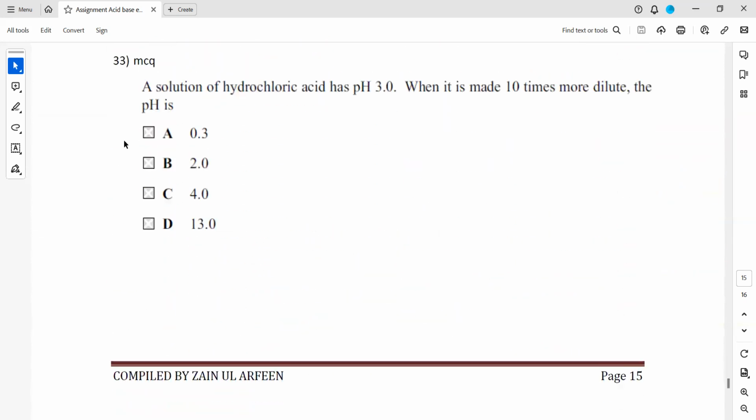A solution of hydrochloric acid has a pH of 3, and when it is made 10 times more dilute, the pH is... So what is the effect? Because pH is equal to minus log of hydrogen ion concentration.